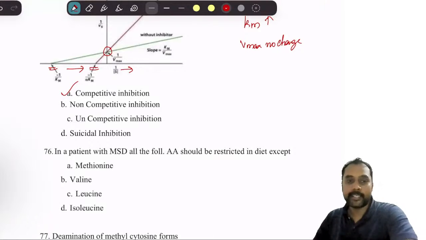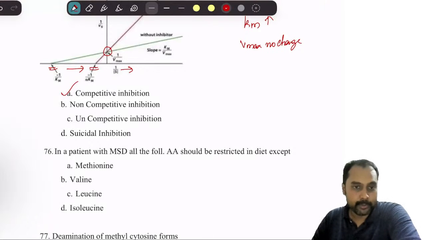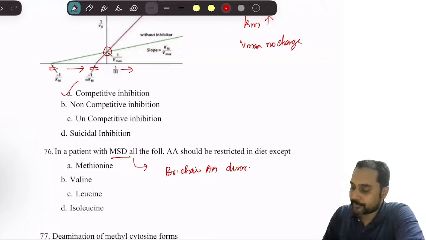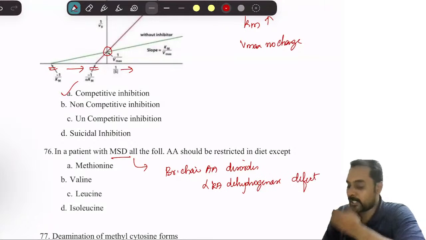In a patient with maple syrup urine disorder, all the following amino acids should be restricted in diet except. Maple syrup urine disorder is a branched chain amino acid disorder where there is an alpha keto acid dehydrogenase defect or deficiency.